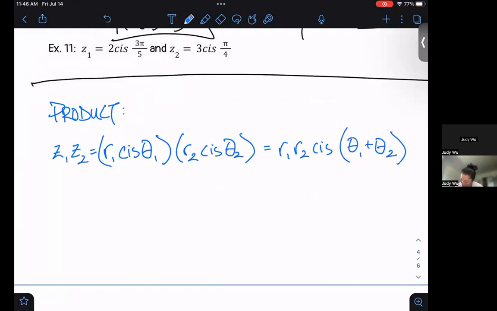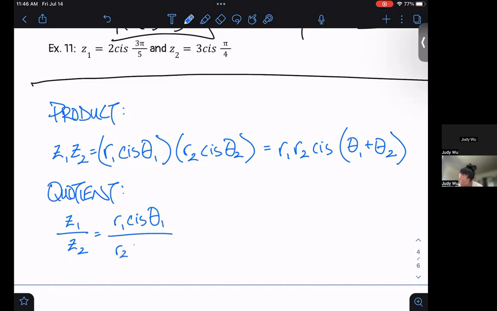Okay. But if we have a quotient, we're dividing them. Whichever one is on top is actually important, okay? But that would be, in this case, r1 cis theta 1 over r2 cis theta 2.